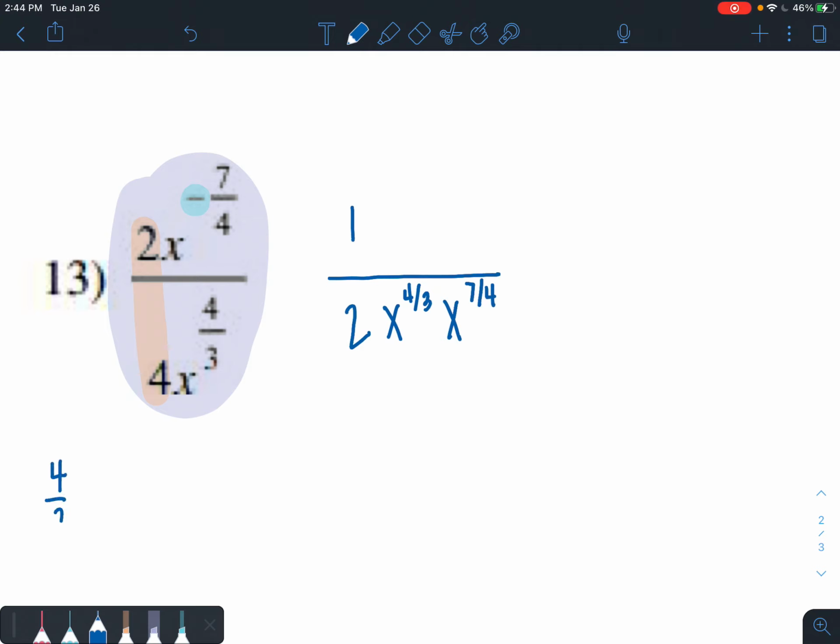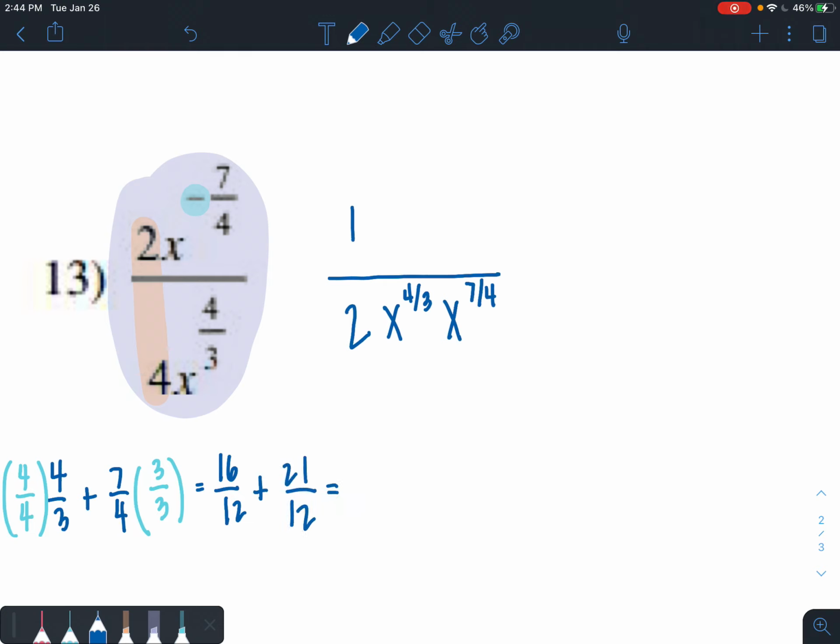Since we're multiplying those, we do want to do 4/3 plus 7/4. To do that, we need to get a common denominator by multiplying this by 3/3 and this by 4/4. What we end up with is 16/12 plus 21/12.